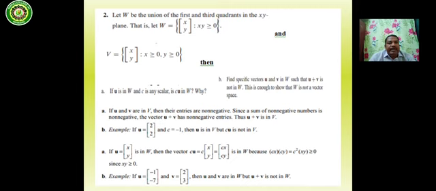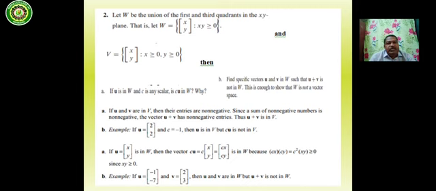So now the first condition for V. We take two vectors and verify whether the property is satisfied or not. If u and v are in V, then their entries are non-negative. Since the sum of non-negative numbers is non-negative, the vector u plus v is non-negative, so u plus v is in V. x greater than or equal to 0 means a non-negative number, and y greater than or equal to 0 likewise.